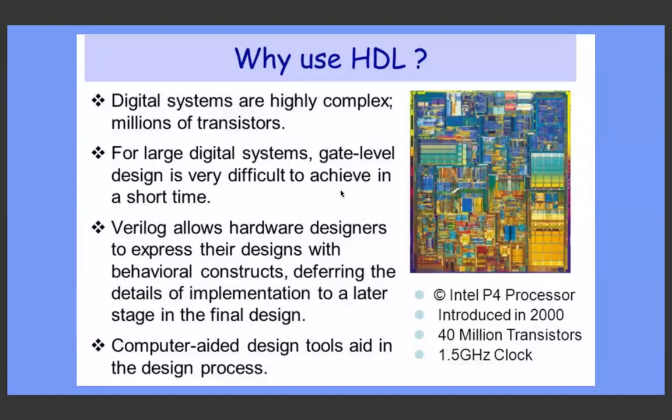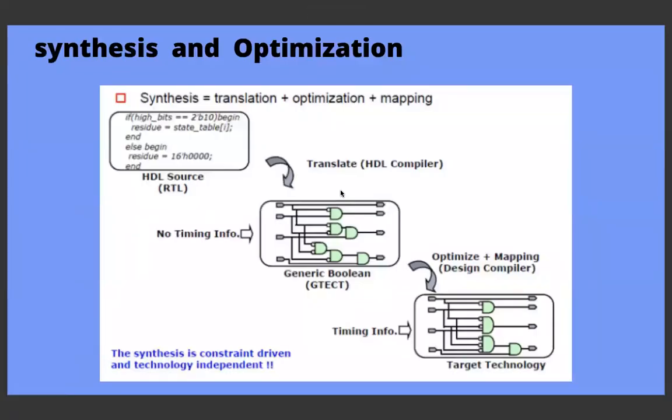So everything cannot be done at gate level, and so you go for HDL, where you have a level of abstraction which you make use of. Based upon that, you have computer aided design tools in the design process which convert whatever HDL you have written, synthesizing it into hardware blocks or logic gates at whatever technology node is being used.